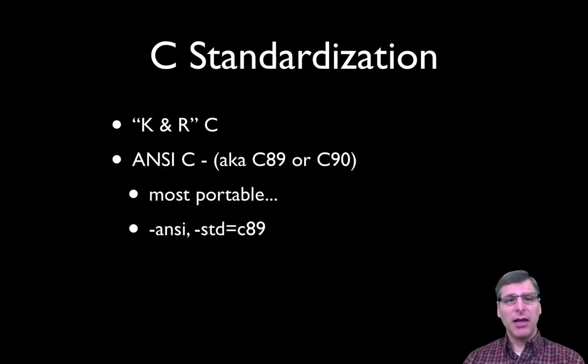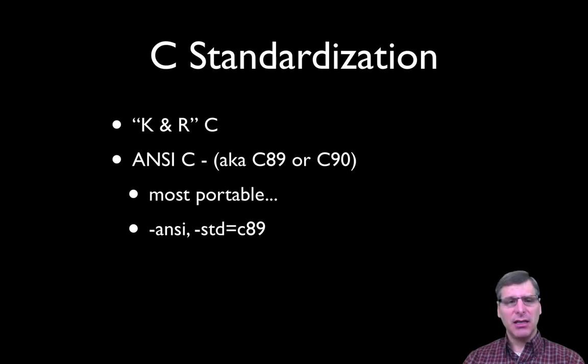Well, what about the standards? Well, first of all, there was the K&R C, and this was essentially C compilers that were inspired by that very first publication or description of the C language, so the K&R C. And later ANSI standardized it, and today we refer to this as the C89 or C90 specification.